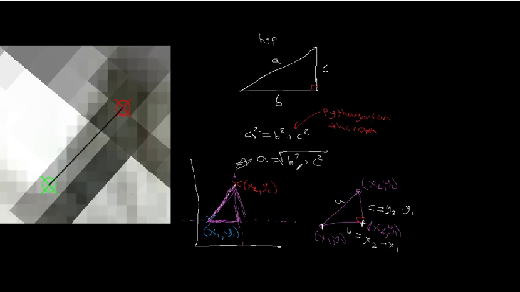And so we have an equation to calculate A based on B and C. So let's go ahead and rewrite this equation using our points here. So A, which I'm now going to call distance, right? And again, to remind everybody, this distance is the hypotenuse of the triangle. Sorry if I butcher how to spell hypotenuse.